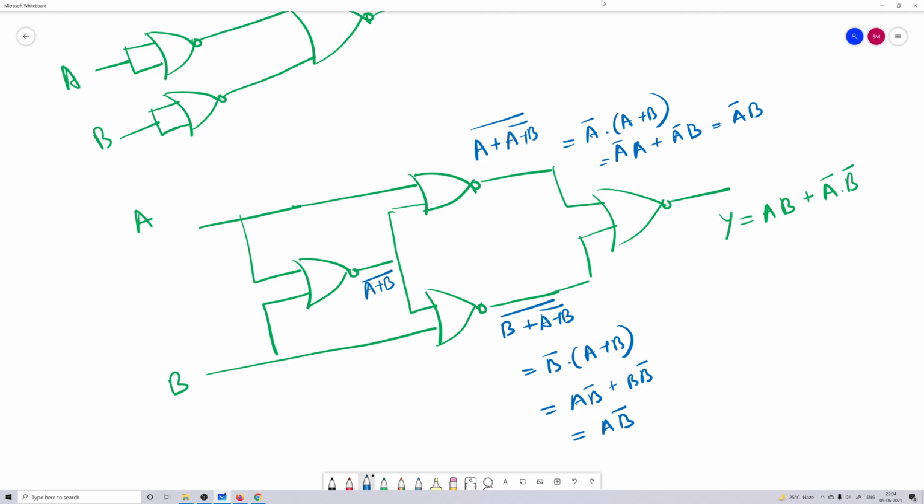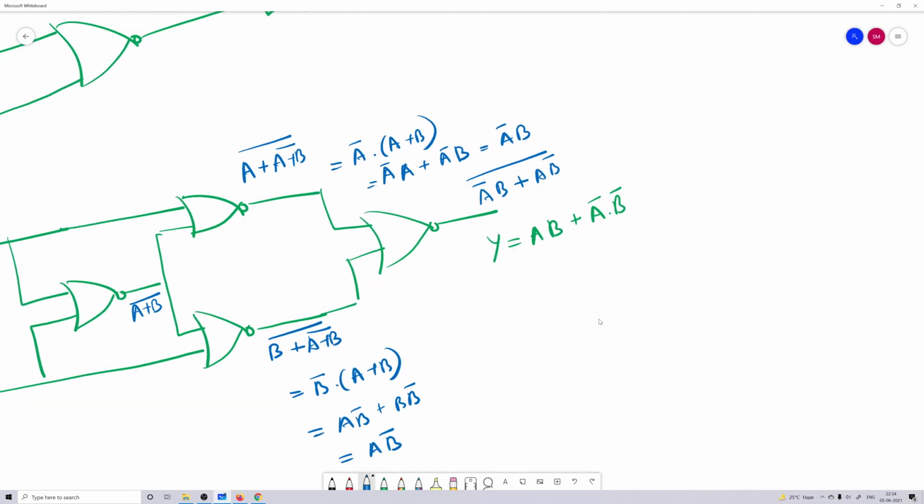So what is this now? A complement B plus AB complement, that is basically whole complement. That is basically the complement of the XOR logic, or the XNOR logic. If you want to verify that, we can do this by applying De Morgan's law.